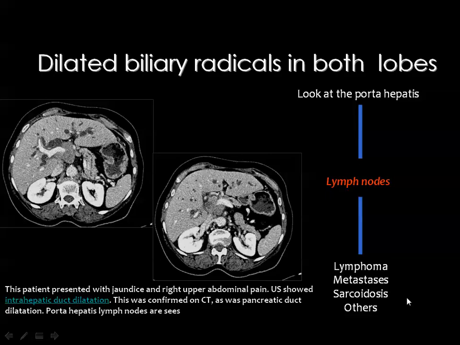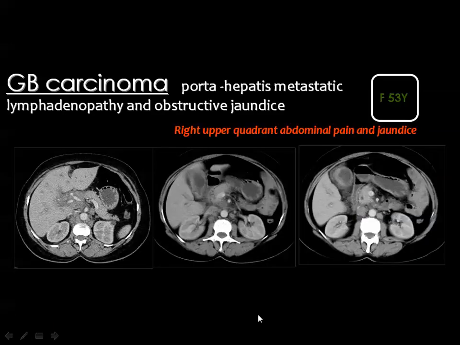If there is a known primary malignancy, you may suspect metastasis. If there is a known lymphoma or other stigmata of lymphoma, you may suspect lymphoma, and so on. Then look at this case, and you see that this gallbladder is slightly distended. The wall is considerably thickened, especially in this area.